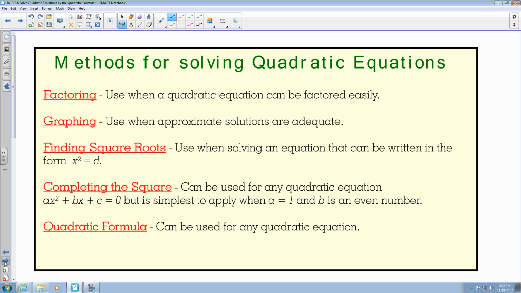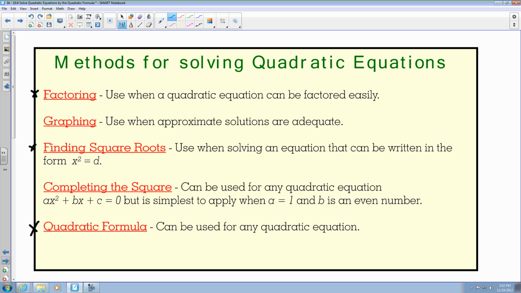Personally, I usually use factoring. I'll usually use finding square roots, and I'll always resort to the quadratic formula. Graphing is probably the least likely route people will go to. If you're looking for an approximation, that's fine.